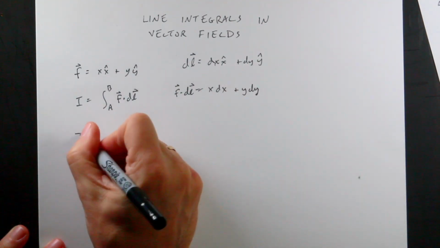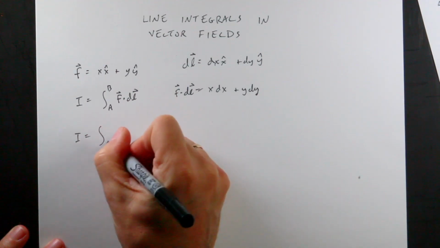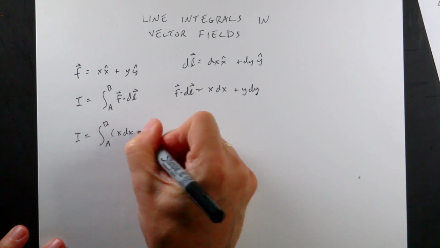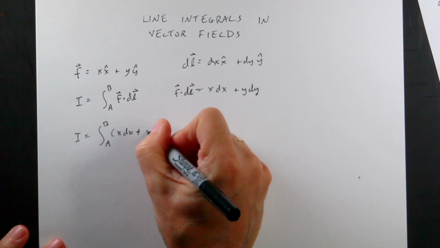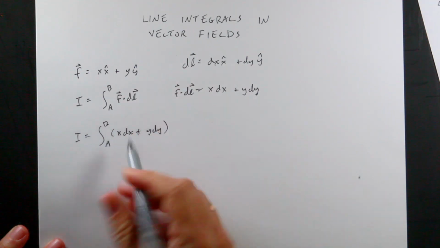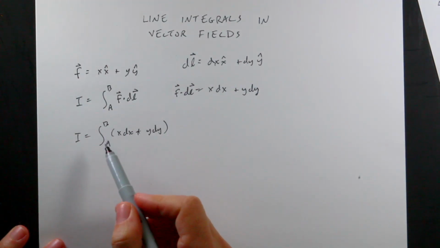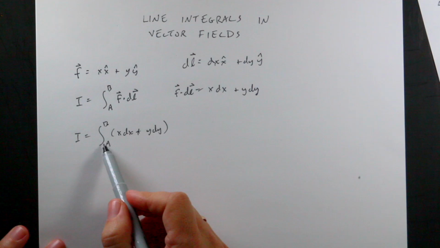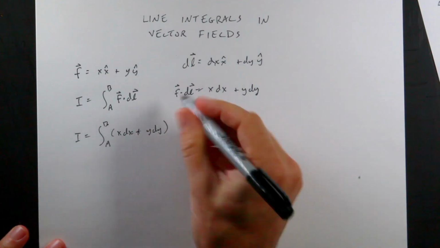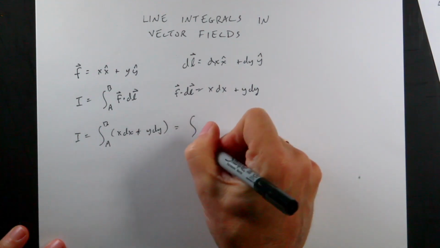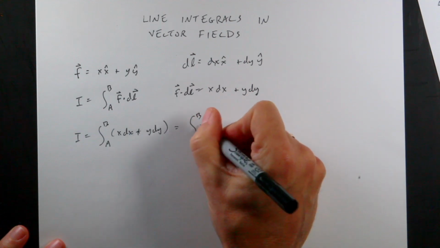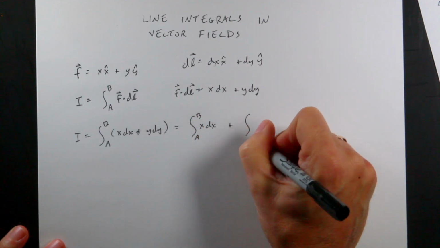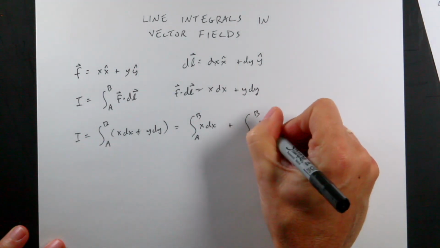So now my integral becomes I is the integral from A to B of x dx plus y dy. And this A to B is kind of generic, and that's fine for right now. But let's just break this into 2 integrals because it's a sum. So I can write this as the integral from A to B of x dx plus the integral from A to B of y dy.